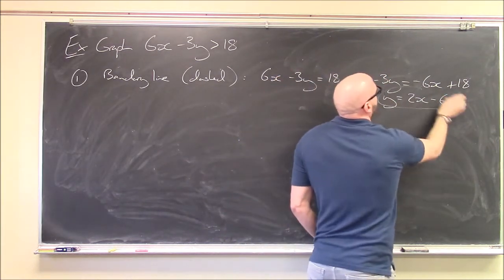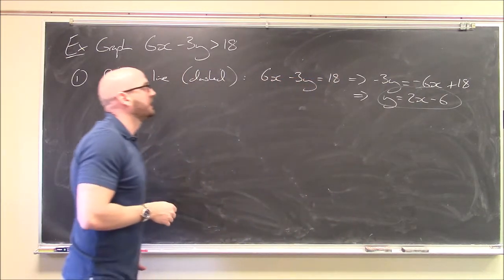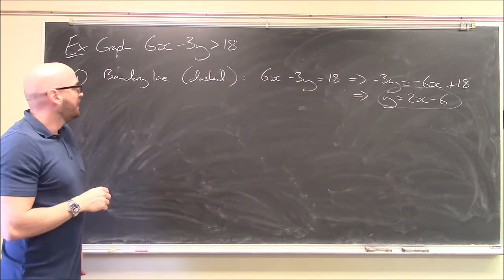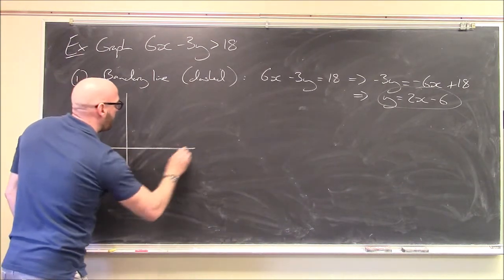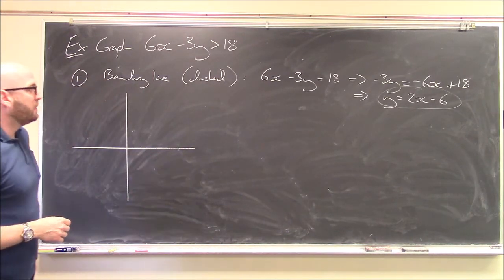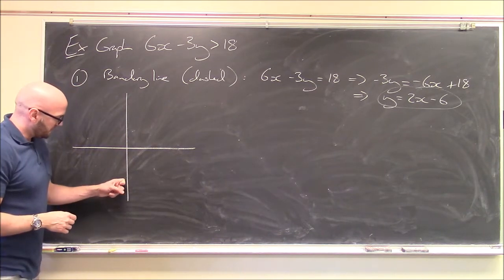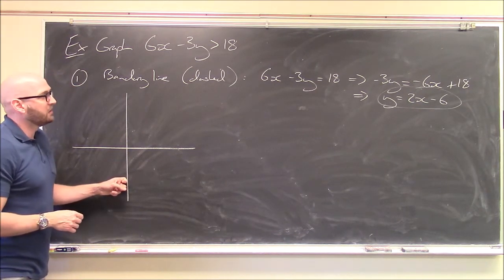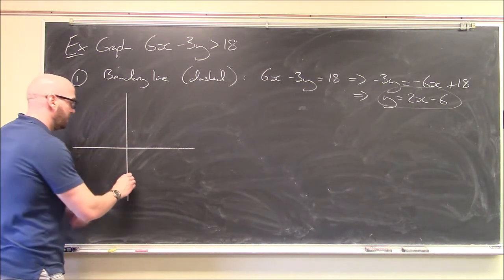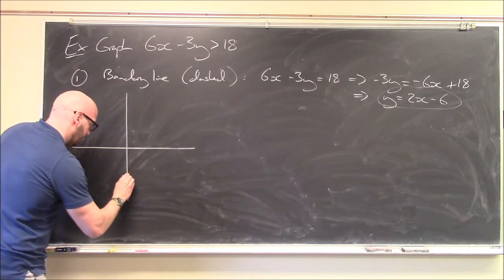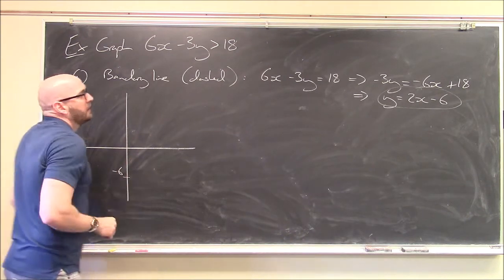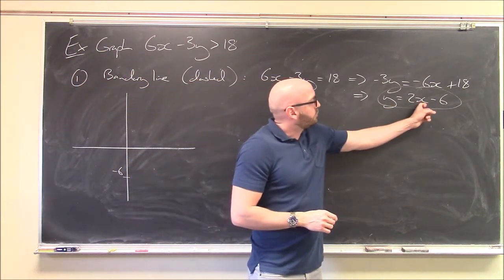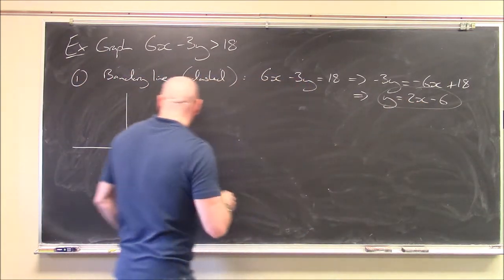All right, there's my boundary line. y is 2x minus 6. So we'll graph that. 2x minus 6, what is that? That cuts through the y-axis at minus 6. It has slope positive 2. So there's minus 6, and slope positive 2. That means when x is 3, y is going to be 0.